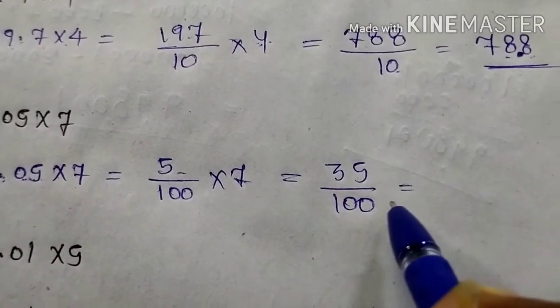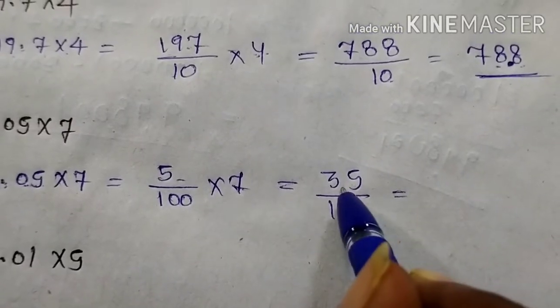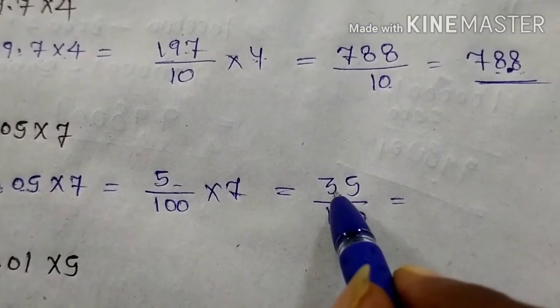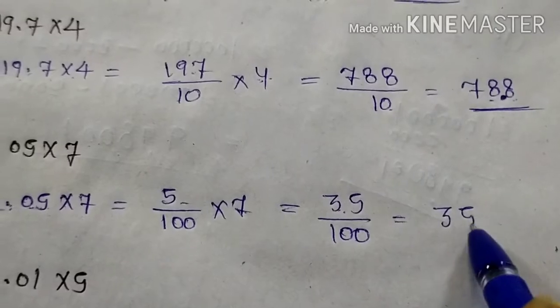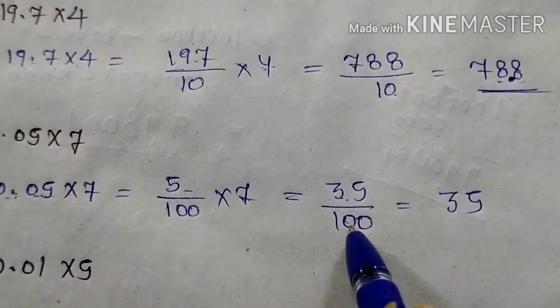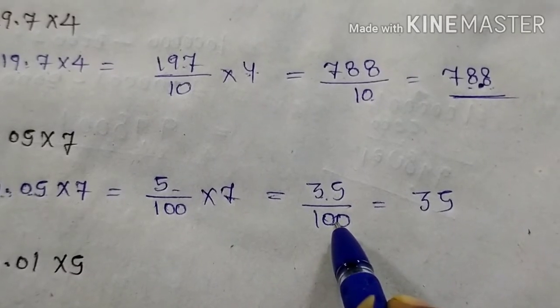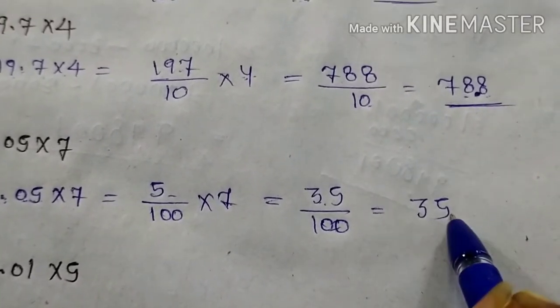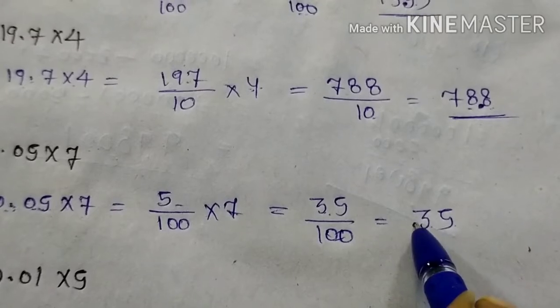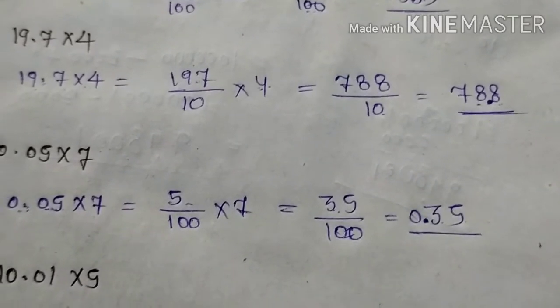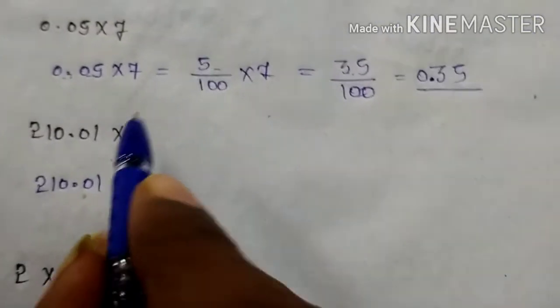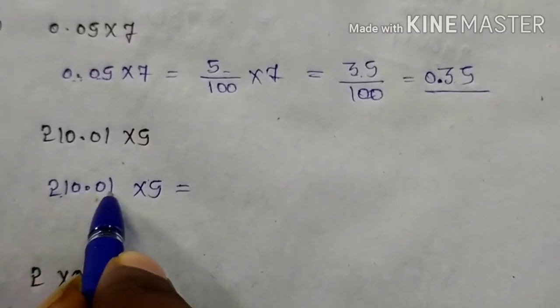That means you can place the decimal point in this fraction. How can you write? See here, just write 35. See 2 zeros. That means you place a decimal point after 2 digits from right side. 1, 2. You keep decimal point. You can write it 0. 0.35 is your answer.